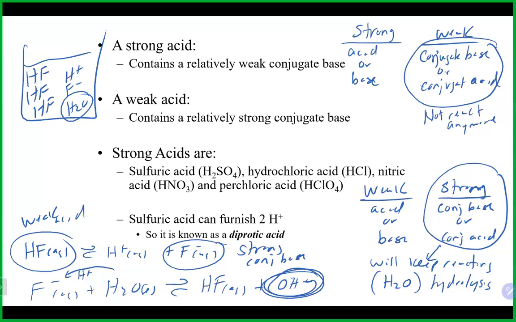That is what is referred to as a hydrolysis reaction, this bottom reaction here. Hydrolysis because it involves water, but outside really the scope of our class. That's what we mean when we talk about something being a strong conjugate acid or conjugate base: those guys have the ability to continue to react.